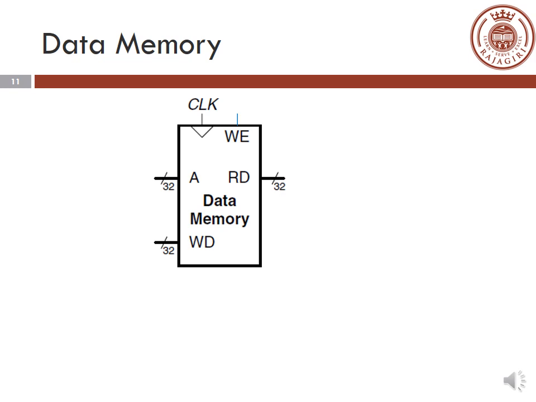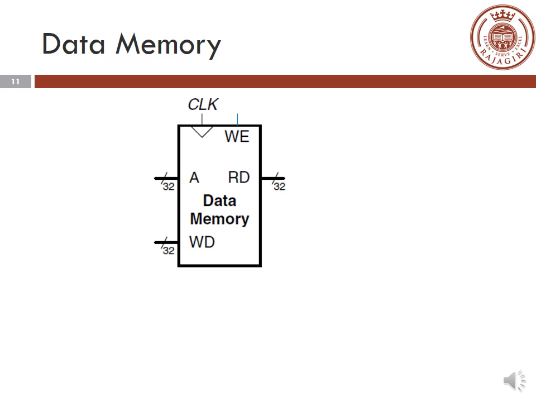When you go for a read operation, you give the 32-bit address value at the A port, and you will get the data value through your RD port. It's again 32 bits. That's how the read operation is performed in a data memory.